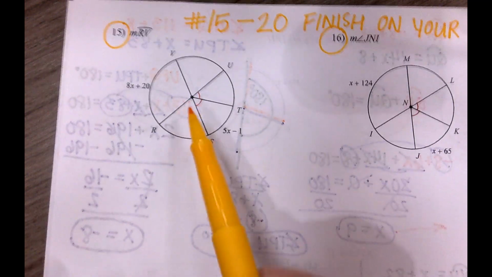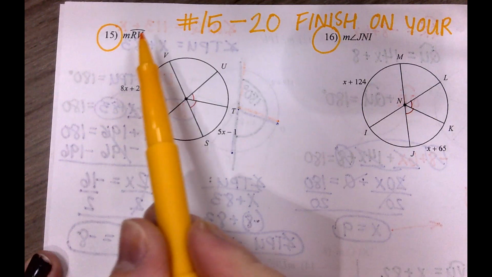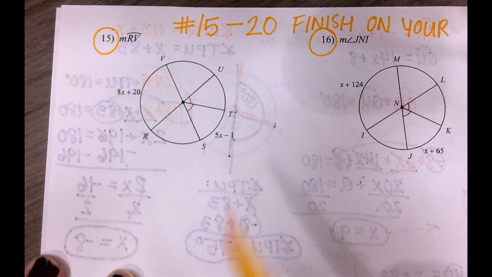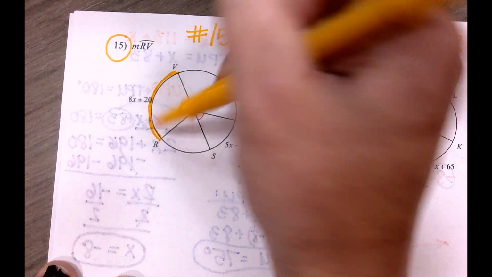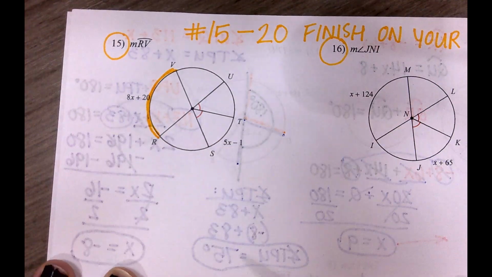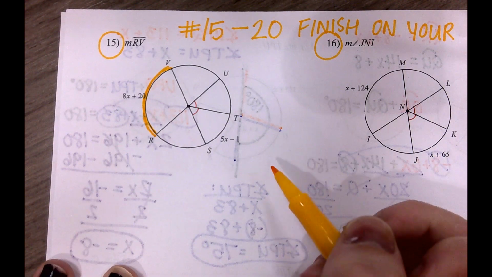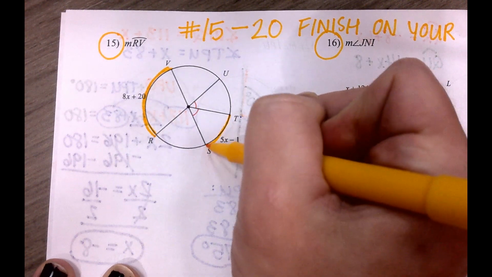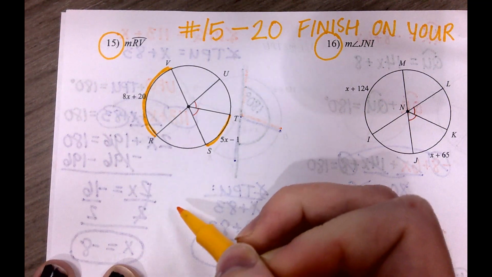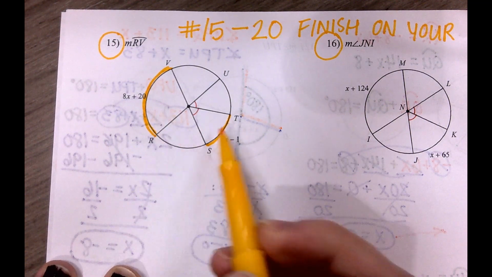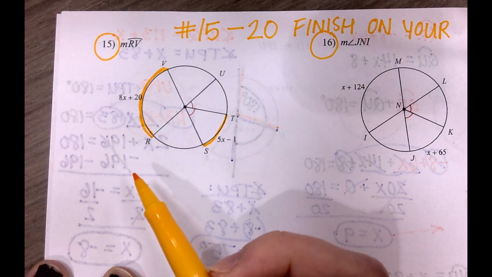For number 15, I'm trying to find the measure of the arc from R to V. That's this one, and it's labeled as 8x plus 20. Now, the only other arc that I'm given is ST, and it's labeled as 5x minus 1. Just these two arcs is not enough information to solve for anything.